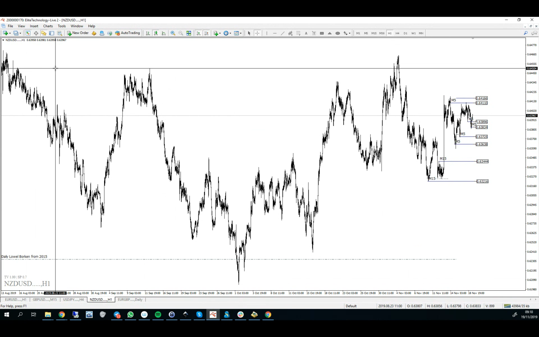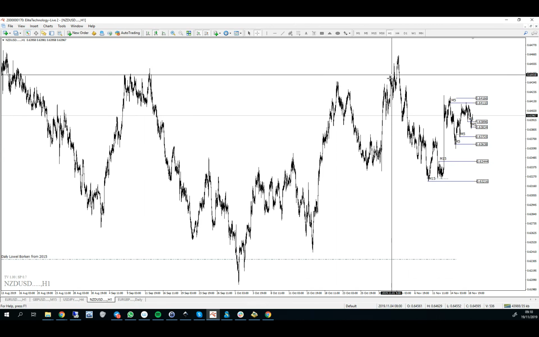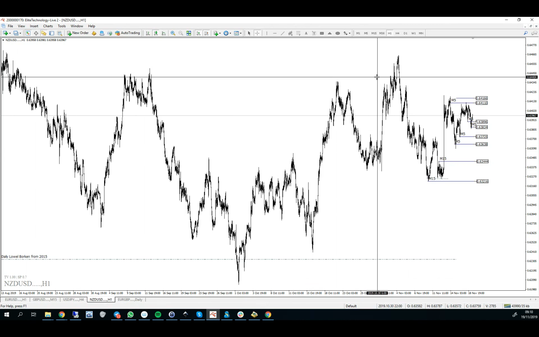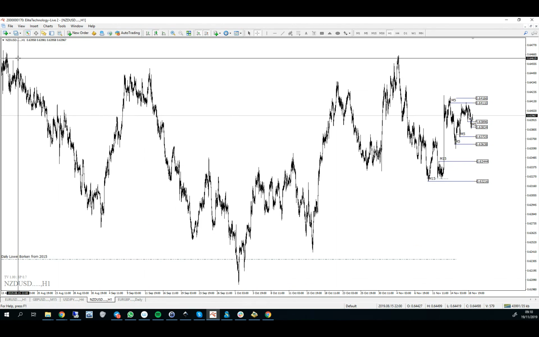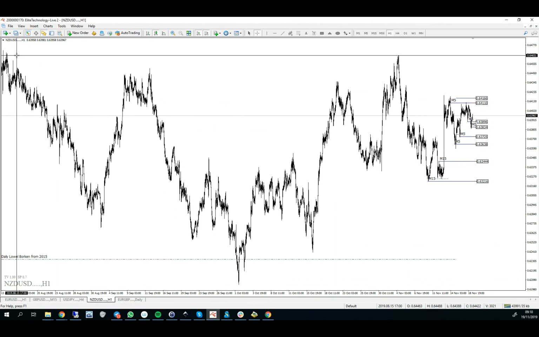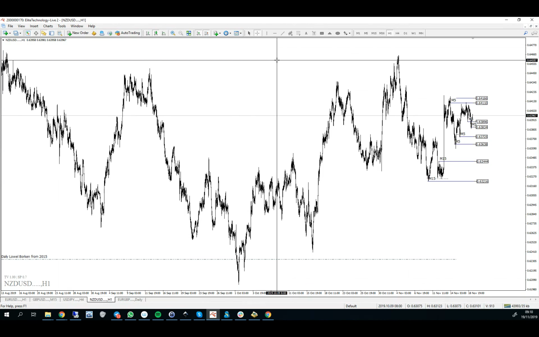This is a very typical false breakout scenario where people are looking for the very nearby levels to break, and they think price is going in a certain direction, but actually price is being blocked by something much further back in history. It's a typical fake-out scenario that you should be aware of, so you don't fall for it.